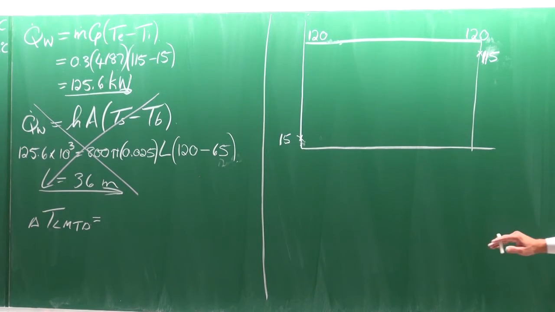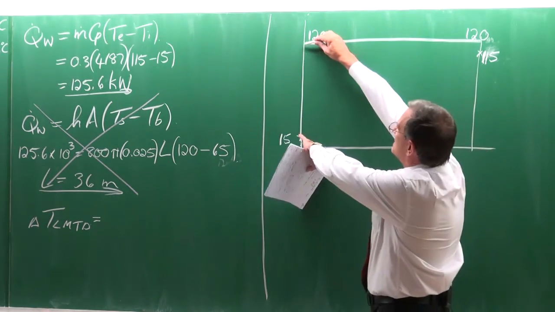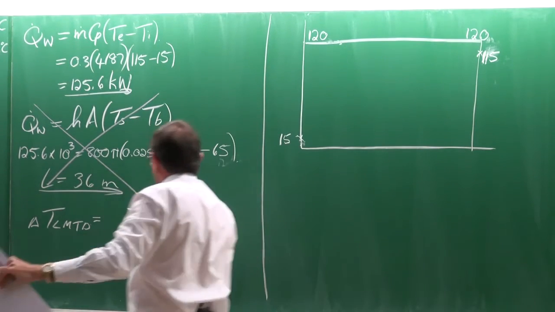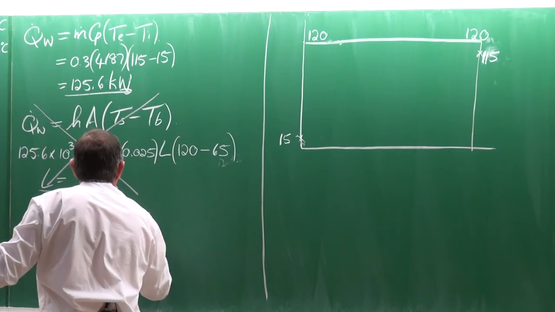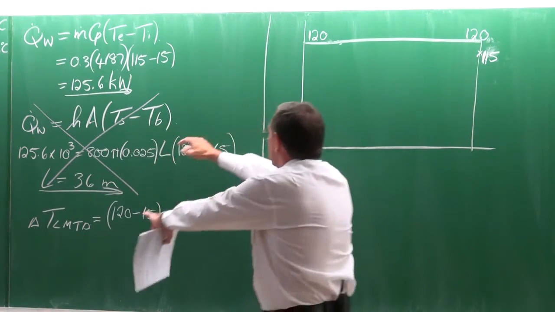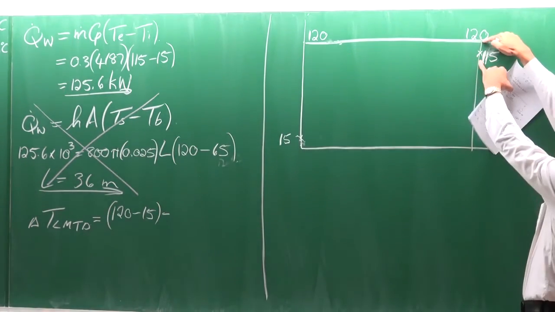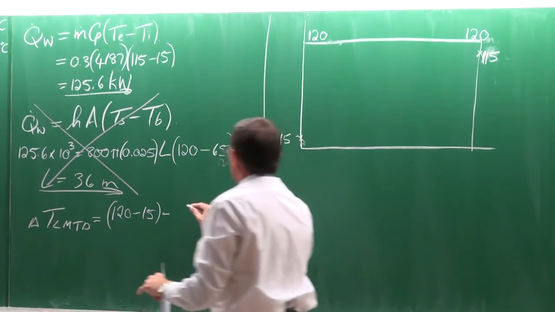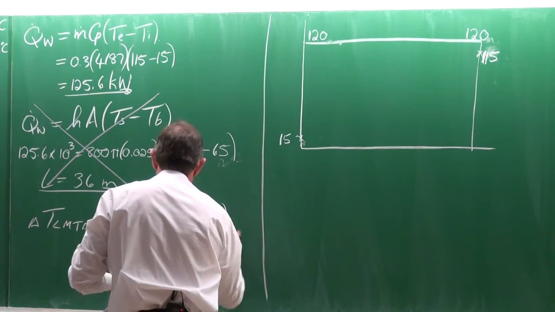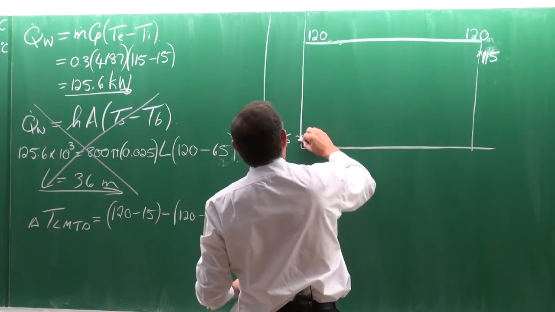The first thing is the LMTD is this temperature difference. Do you see? 120 minus 15. Now don't write. 120 minus 15, that temperature difference, minus this temperature difference, 120 minus 115. So let me make them in pink.